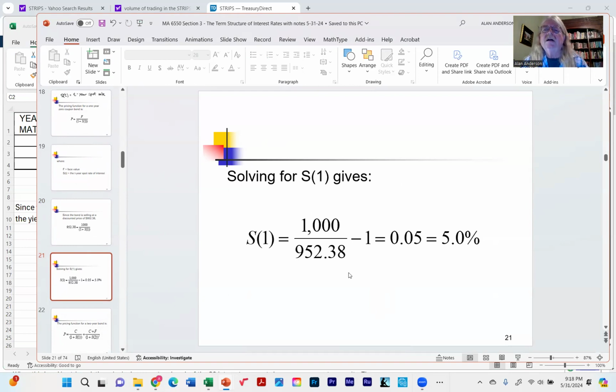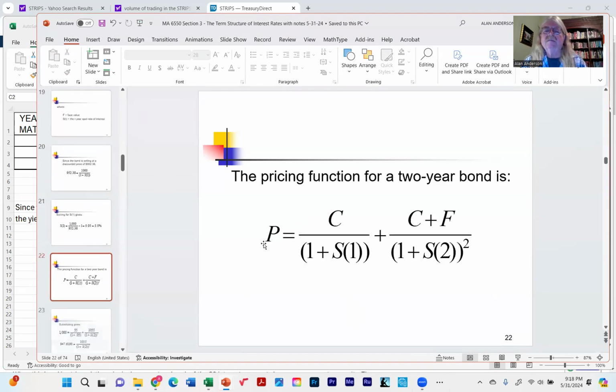Okay, now what about the 2-year spot rate? Good question. Now, here's what's happening. This one has coupons. It lasts for 2 years, which means there will be 2 coupon payments, one at the end of year 1 and one at the end of year 2. And in year 2, you also get your face value. Now here's the other thing that's extremely important.